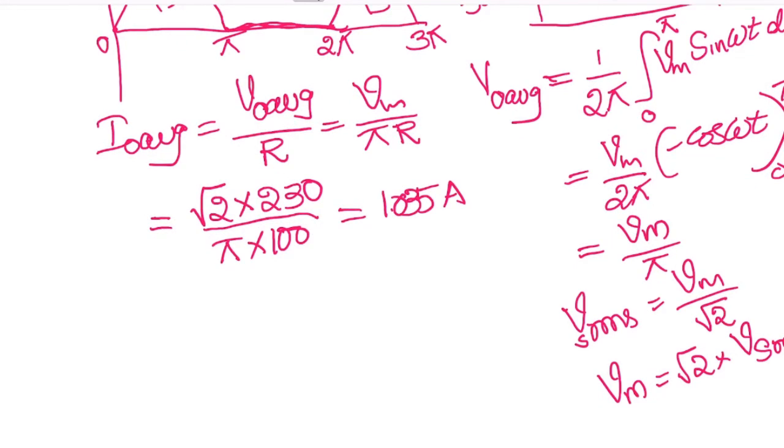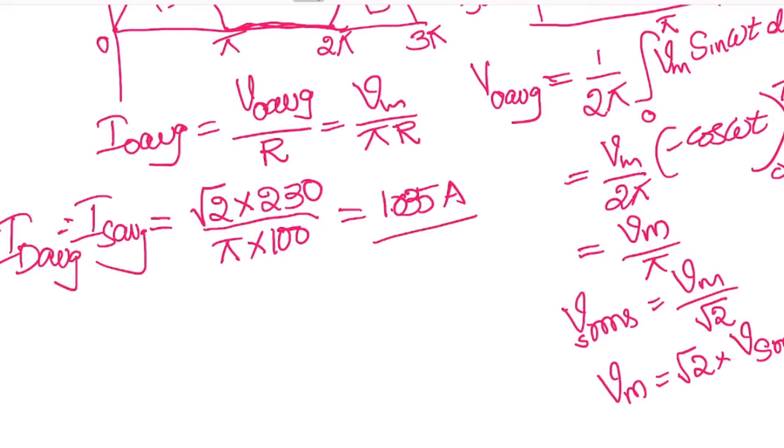If you look at it, all are the same. Whether they ask for the average value of the source current, the diode current, or the output current, the answer is only one. That is why the question does not clearly mention which current.